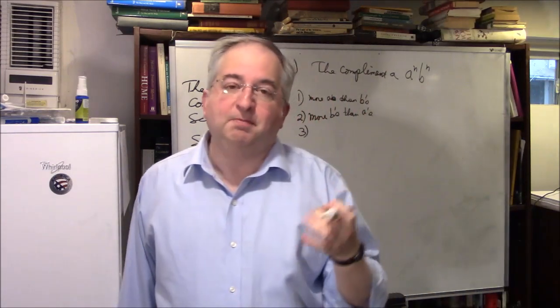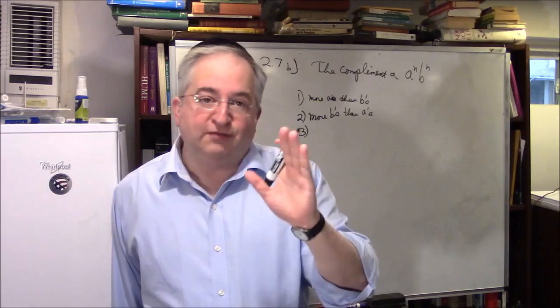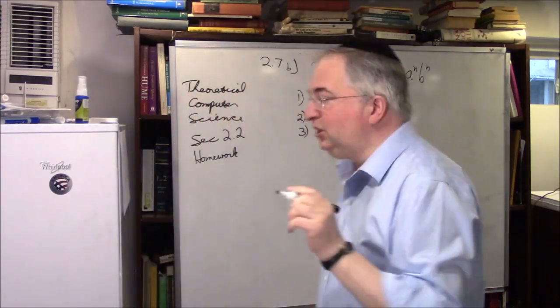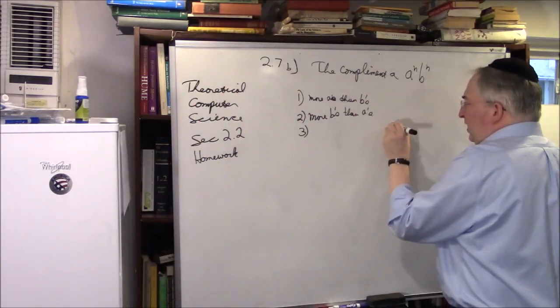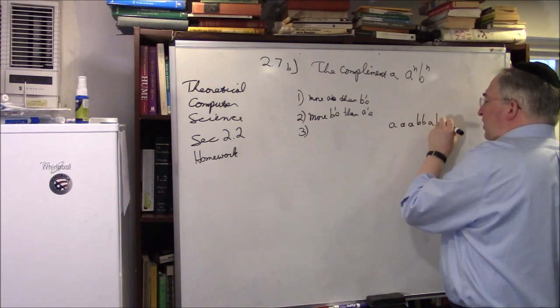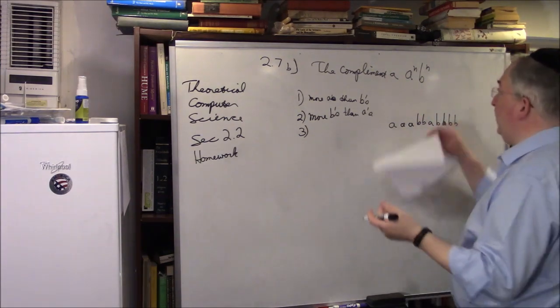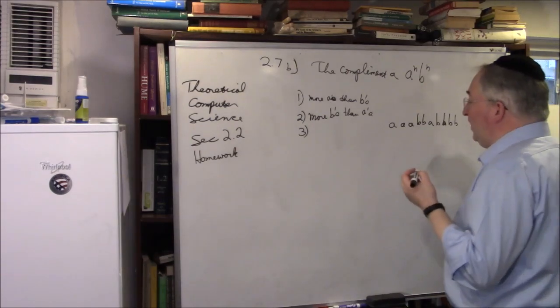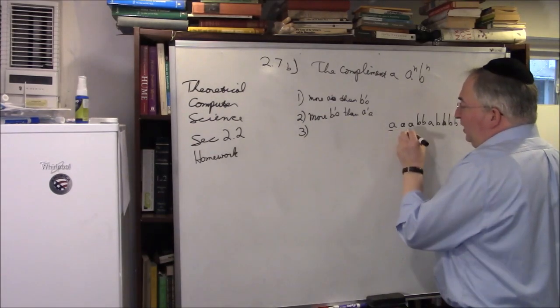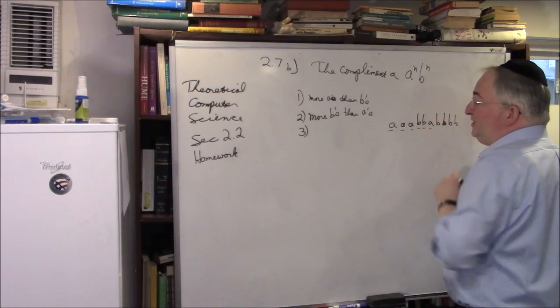Okay, now what does it mean that a word is not of the form a bunch of A's followed by a bunch of B's? Let's just look at an example. A, B, B, A, B, A, well, let's just do B, B, B, B. Okay, this is not a bunch of A's followed by a bunch of B's. Why not? Well, here it's okay, here it's okay, here it's not okay.